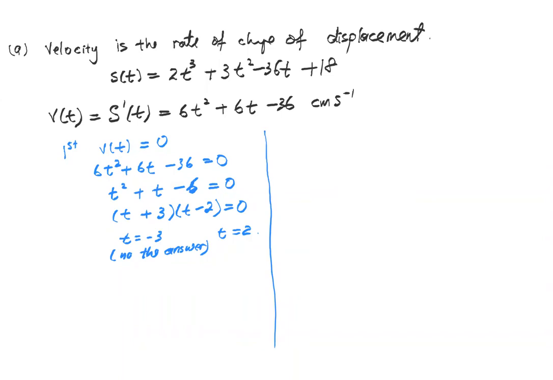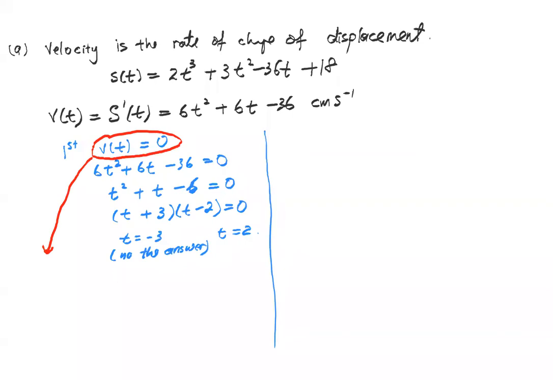how do you interpret vt equals 0? Before we go to the sign diagram, if I say velocity equals 0, what does that mean? That means the displacement is stationary, correct? So if the displacement is stationary, the particle is not moving.